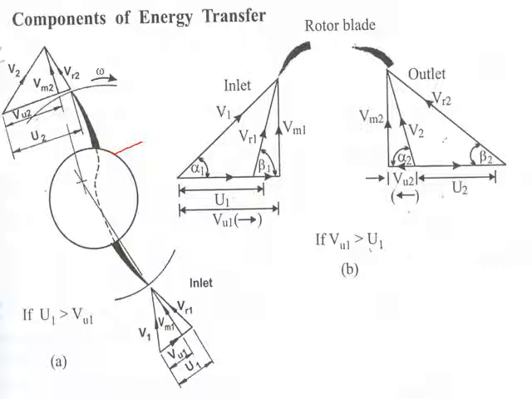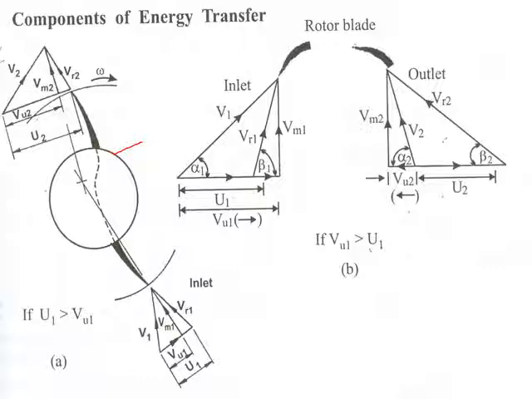That absolute velocity is resolved into axial velocity, flow velocity, as well as tangential velocity. Here VR1 represents the relative velocity at inlet, VF1 or VM1 is the flow velocity, and VU1 is the tangential velocity at inlet.